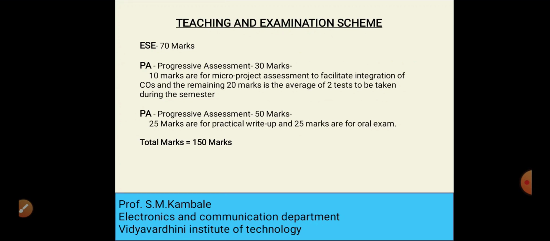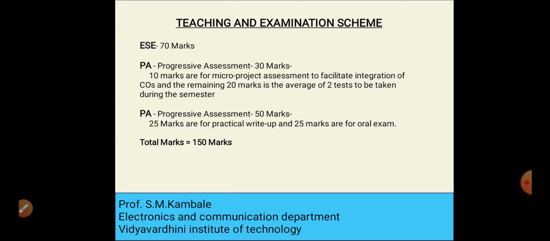The 100 marks are distributed into two, that is ESE and PA. End semester exam is for 70 marks, and PA, that is progressive assessment, is for 30 marks. The 30 marks are again distributed into two parts: 10 marks for the micro project, and 20 marks is the average of the two tests taken during the semester.